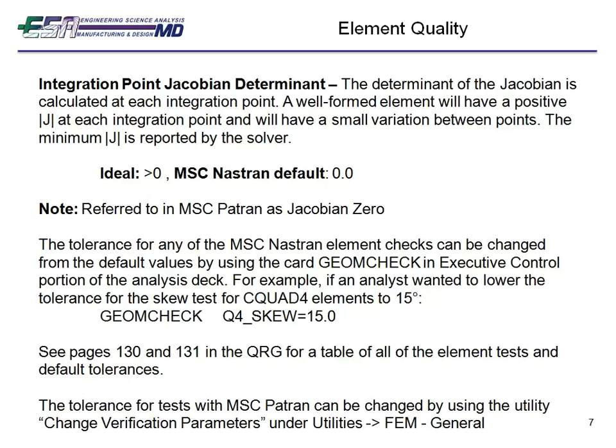And pages 30 and 31 in the QRG have a table of all the element tests and default tolerances that are used by Nastran. Also, the tolerances can be changed within MSc Patran for the tests that are performed in Patran by using the utilities, change verification parameters, which can be found under utilities and then going to FEM general.